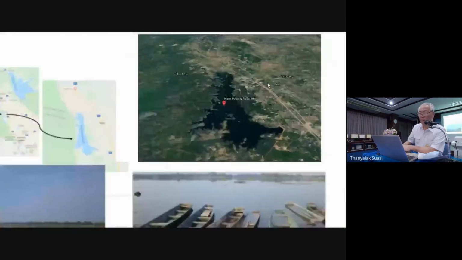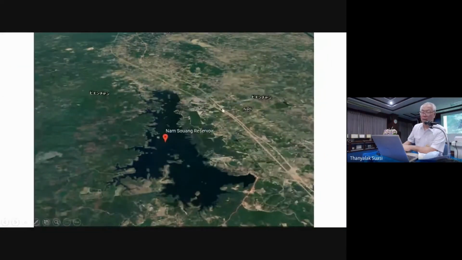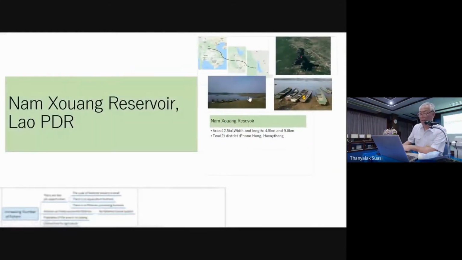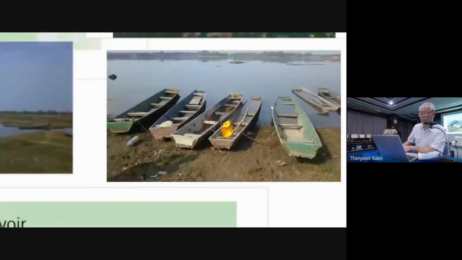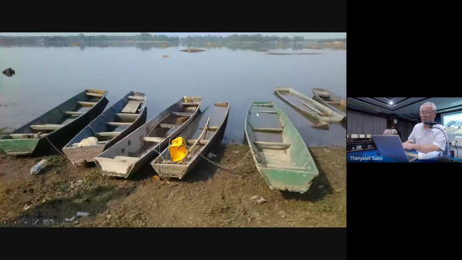And this is a picture from Google Earth. Around this reservoir, there is no light-speed area. And this is near the face of water, and small-scale fishing boats. Fishermen are using them.